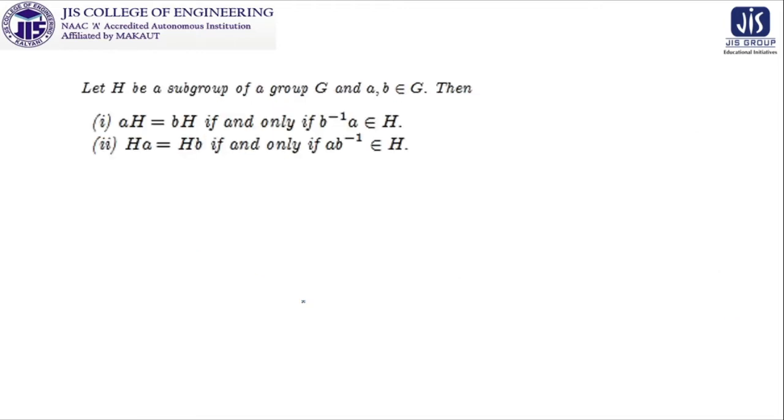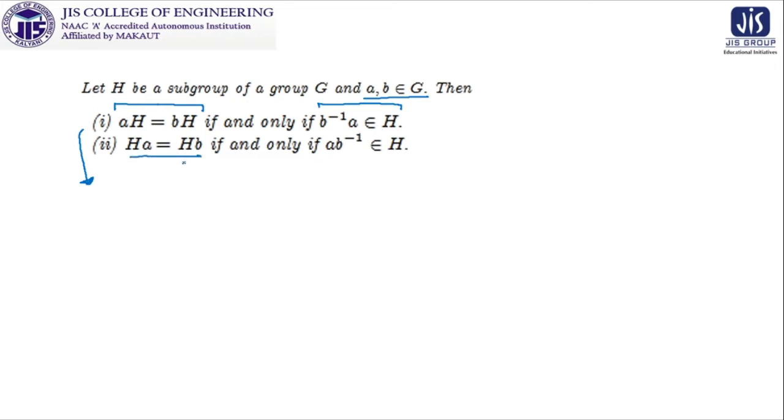Now two properties: H is a subgroup of a group G and a, b are in G. Then aH will be equal to bH if and only if b inverse a is in H, which is a necessary and sufficient condition. Here you are trying to find the property for which two distinct-looking cosets are actually identical. aH is equal to bH if b inverse a is in H, and vice versa.